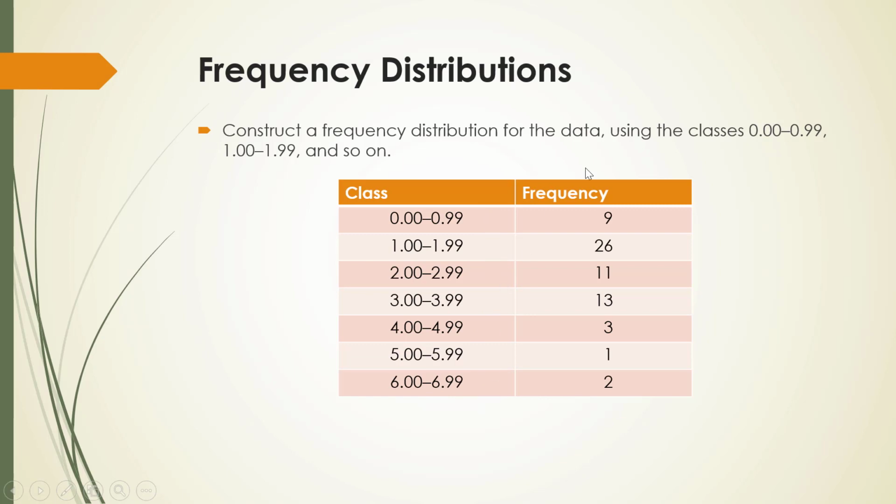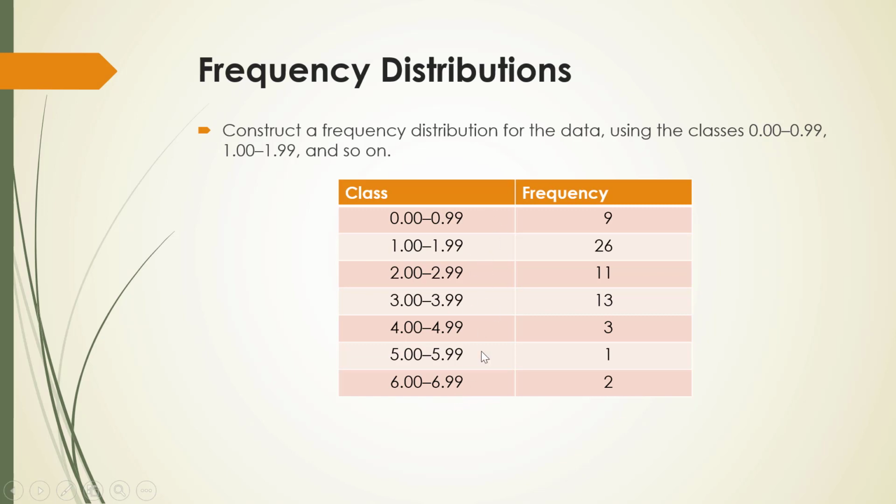Then I start counting how many numbers in each class appear in the dataset. I find there are 9 numbers between 0 and 0.99, 26 numbers between 1 and 1.99, 11 numbers between 2 and 2.99, 13 numbers between 3 and 3.99, 3 numbers between 4 and 4.99, 1 number between 5 and 5.99, and 2 numbers between 6 and 6.99.